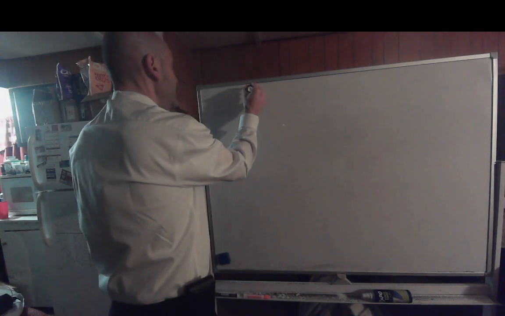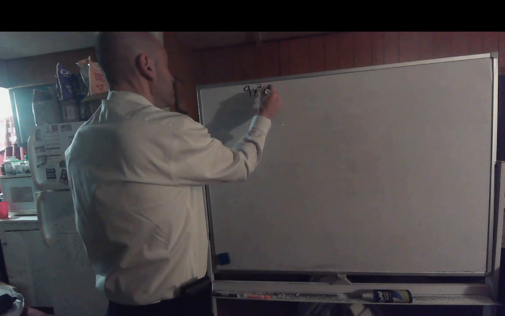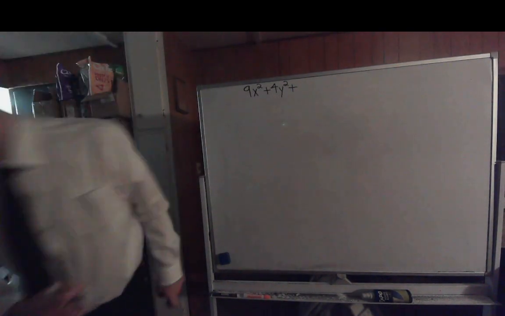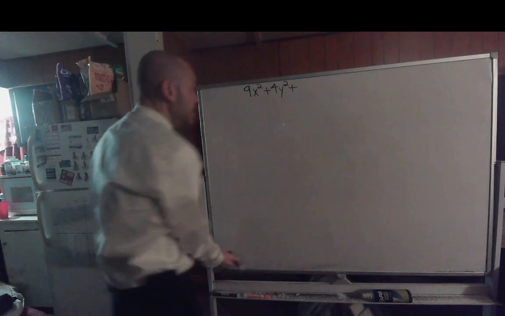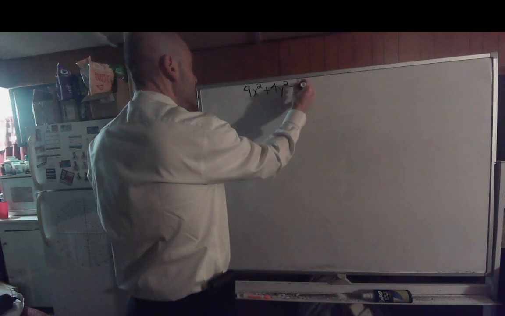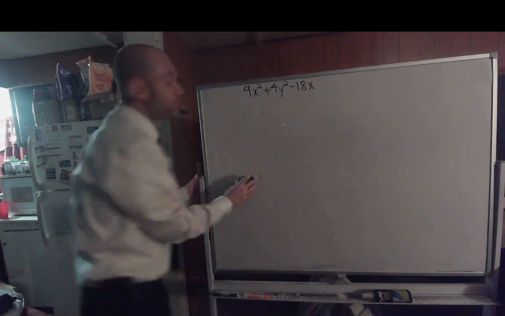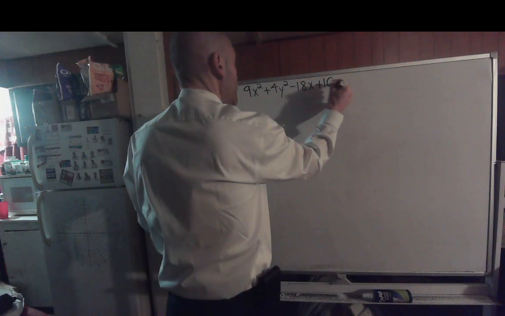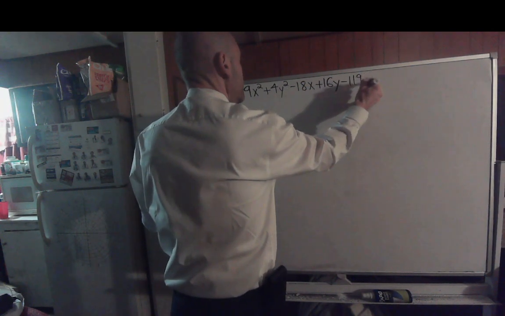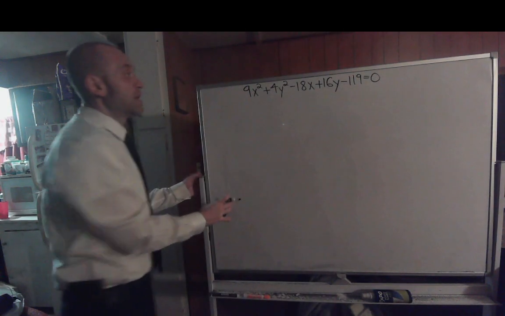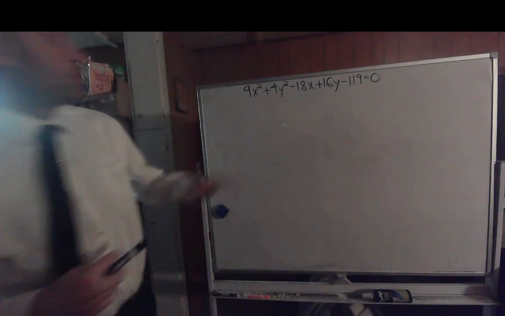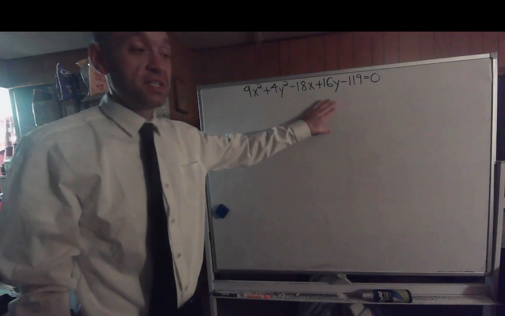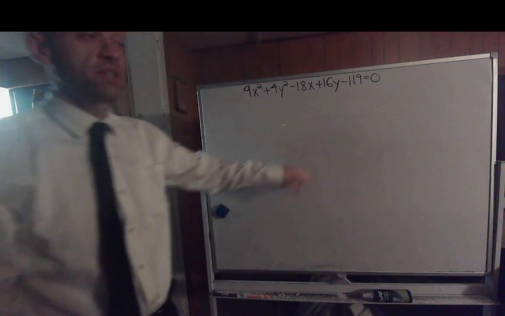I have 9x squared plus 4y squared minus 18x plus 16y minus 119 equals 0.